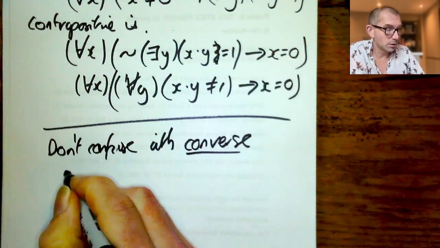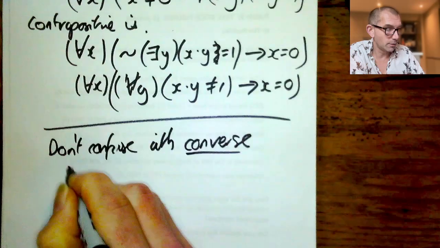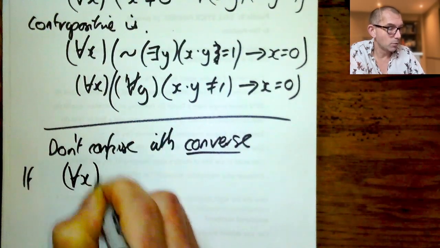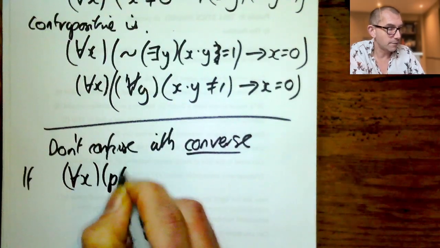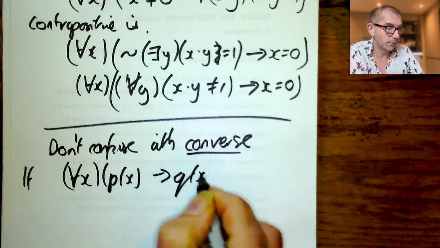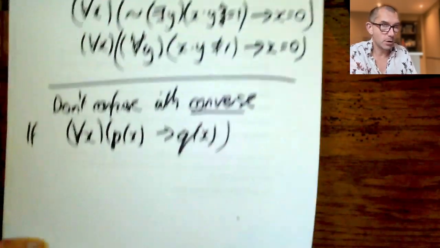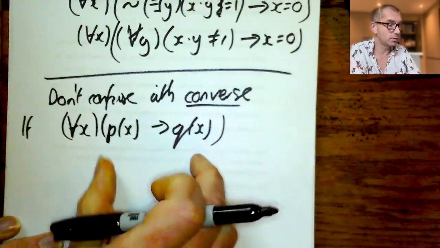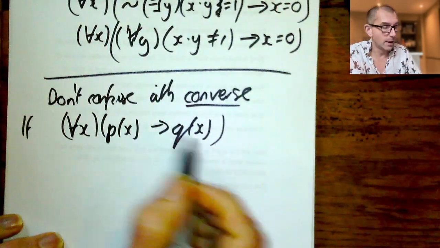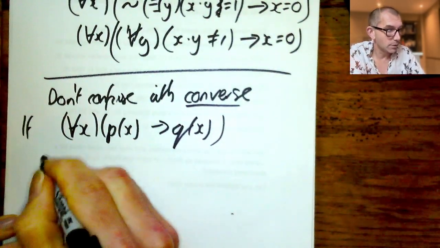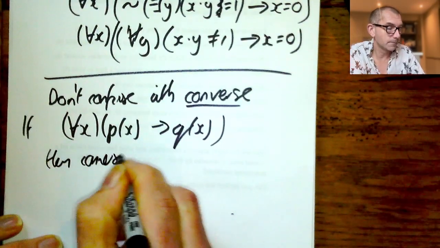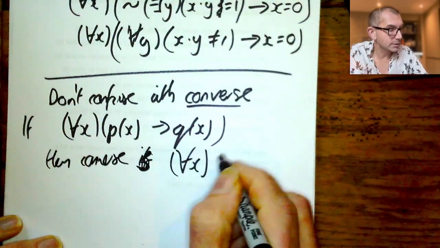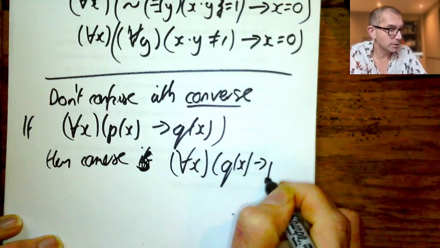So again, if we start with for all x, P of x implies Q of x, so anything of that form, then the converse is just where you swap the arrow over, or equivalently, you just swap the two predicates over. So then the converse is, for all x, Q of x implies P of x.